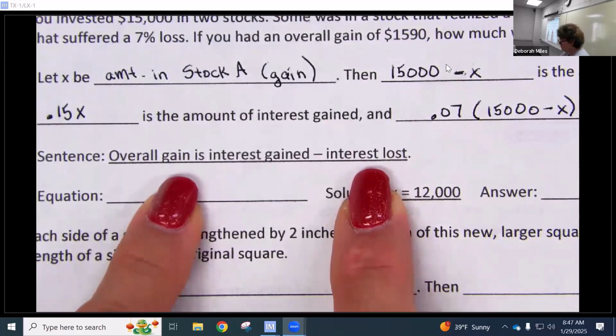So wouldn't it be 0.93 times 15,000 minus X?